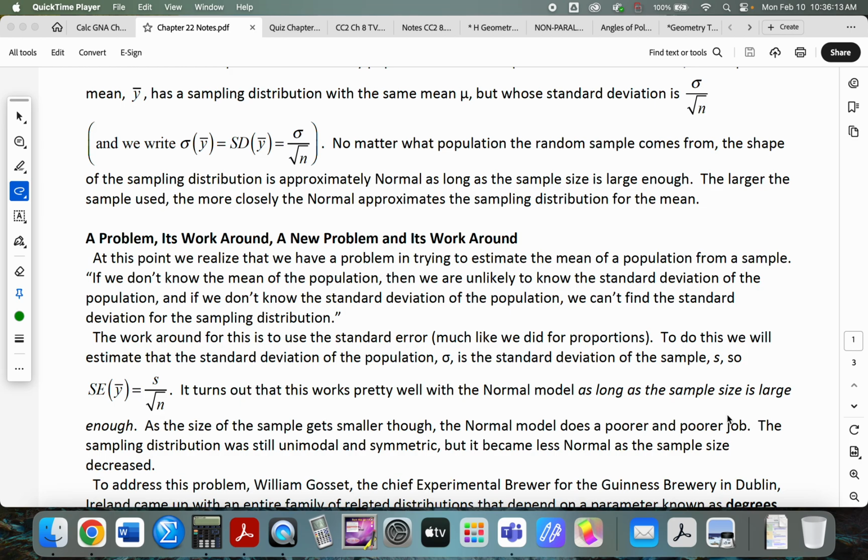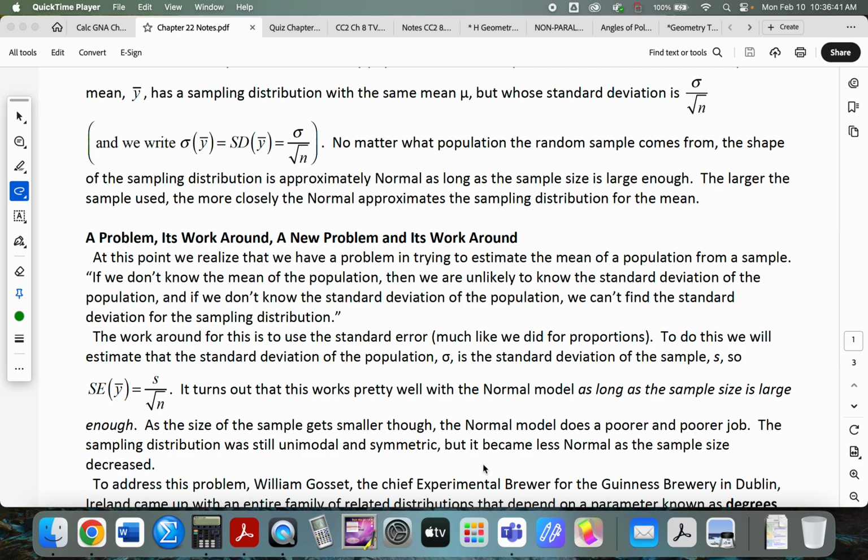The problem comes in as the size of the sample gets small. The normal model does a poorer and poorer job of what it's supposed to do, which is to tell us about our population. The sampling distribution will still be unimodal and symmetric, but it becomes less normal as the sample size decreases.